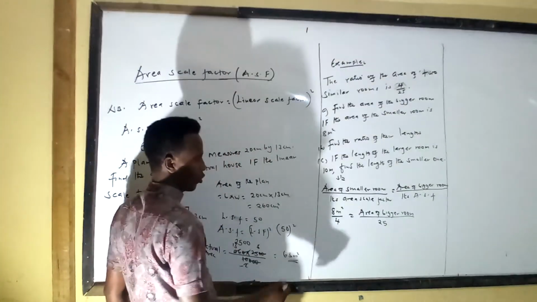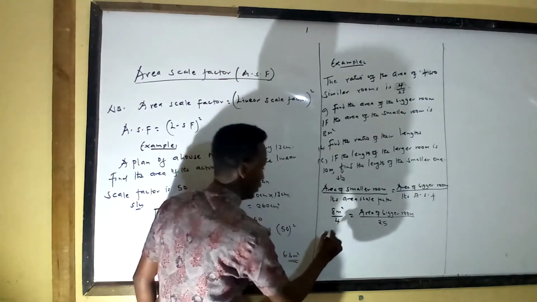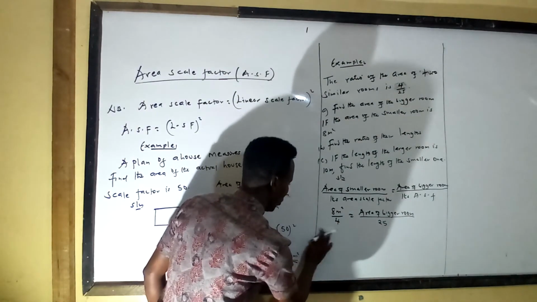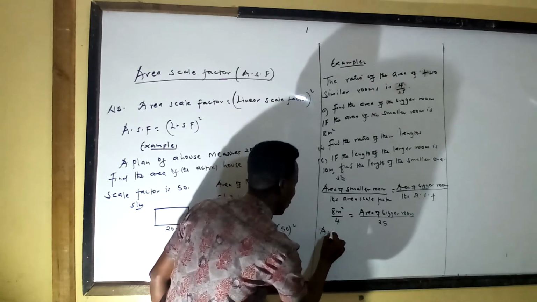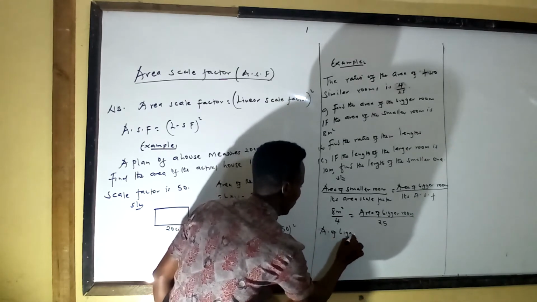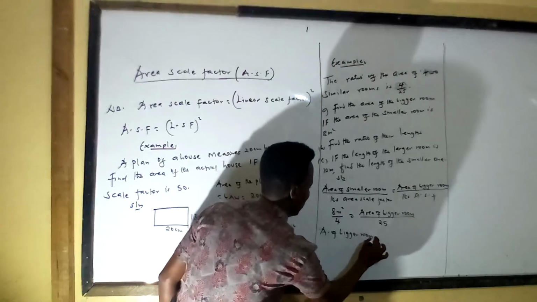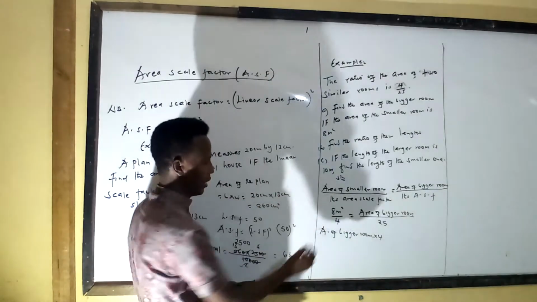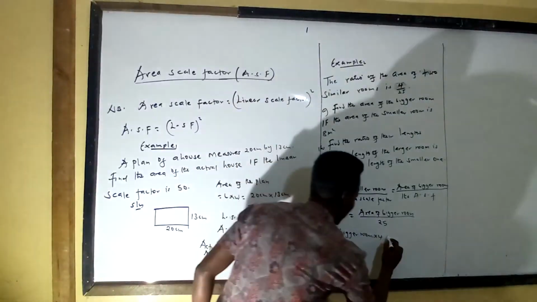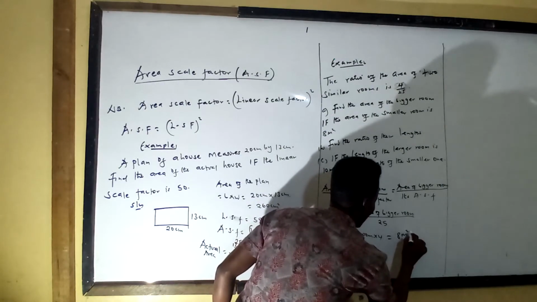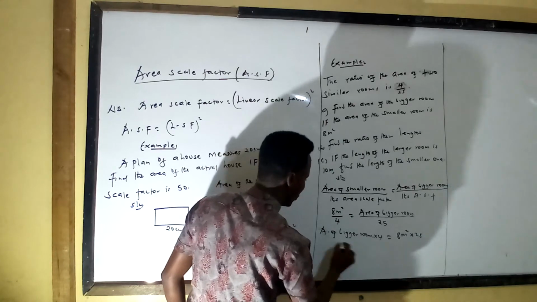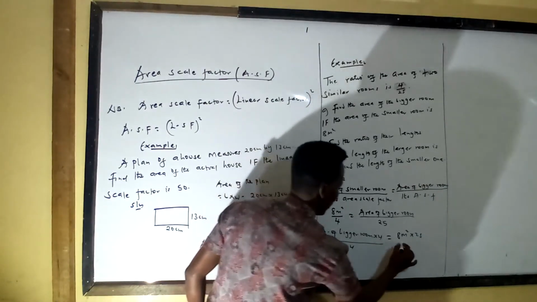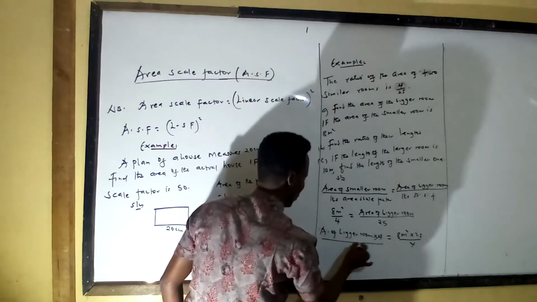In this situation, we cross multiply. It will be 8 meters squared, or you can say area of the bigger room times 4, because when you cross multiply, you multiply these two, is equal to 8 meters squared times 25. Then to get the area of the bigger room, we divide by 4 here, divided also by 4, cancel these two.